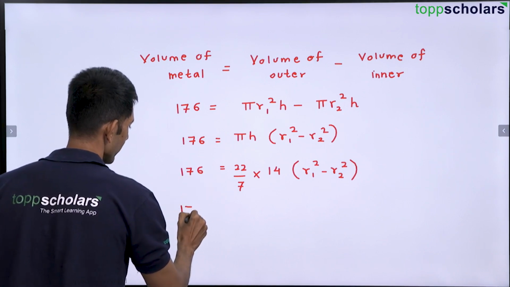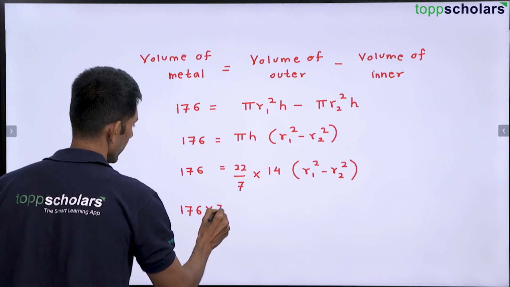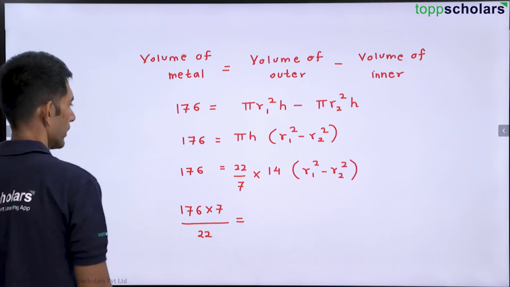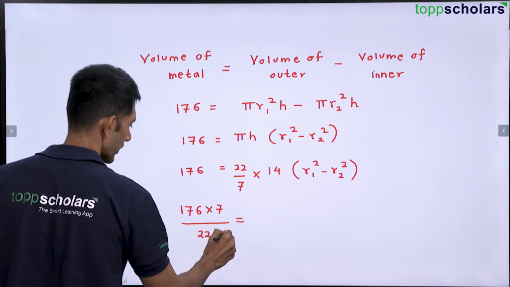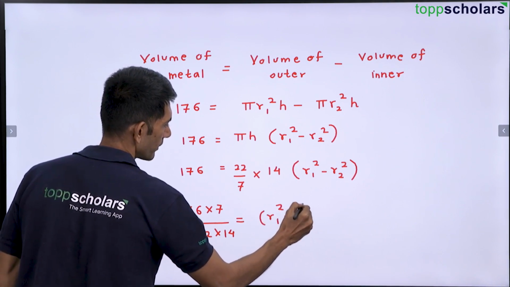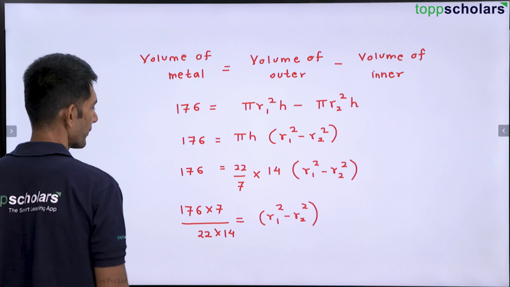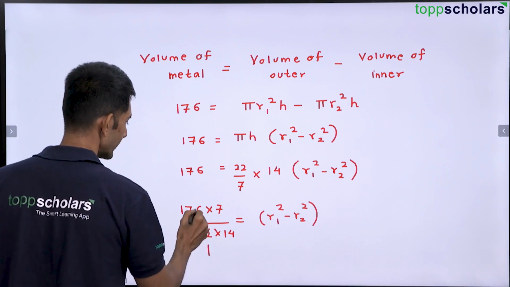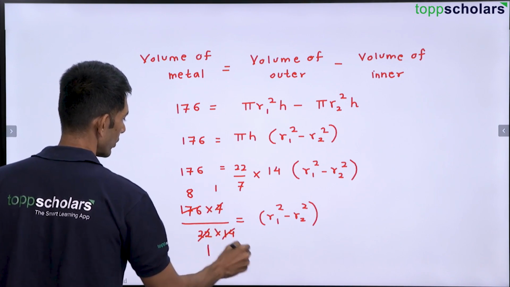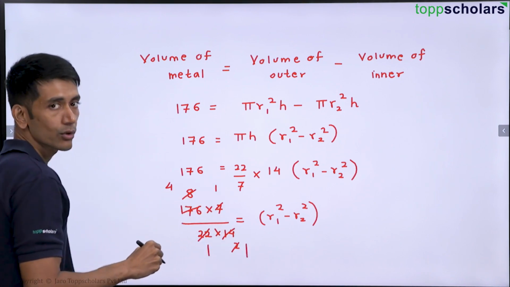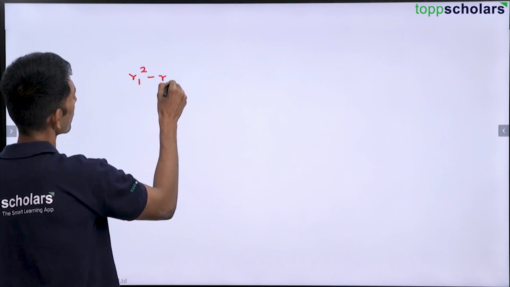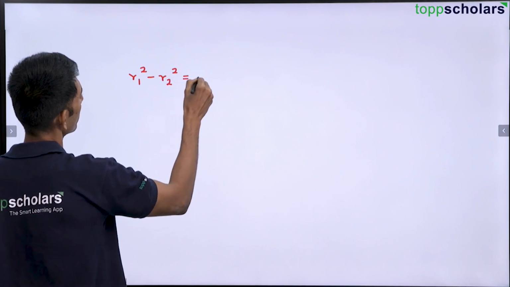So you get 176 into 7 divided by 22 into 14 is equal to R1 square minus R2 square, correct? So 22 ones are 22, 22 eights are 176, 7 ones are 7, 7 twos are 14, 2 ones are 2, 2 fours are 8. So ultimately we get R1 square minus R2 square is 4.